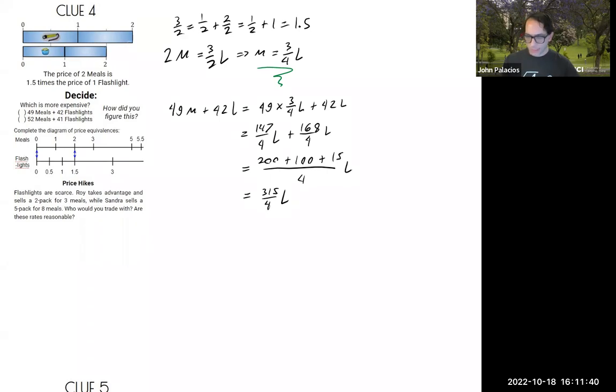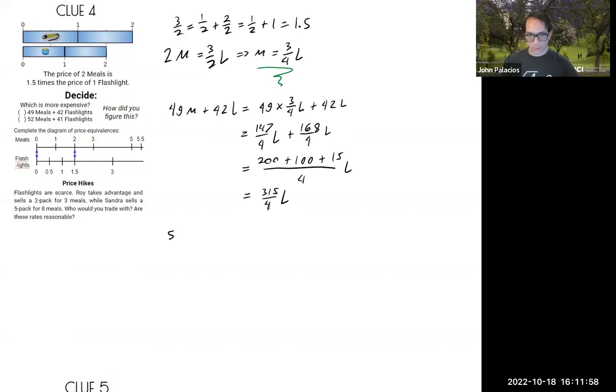Now what you want to do is perhaps use the same substitution to eliminate one of the variables in the second expression to determine what the price is in terms of flashlights. No, I won't skip steps.